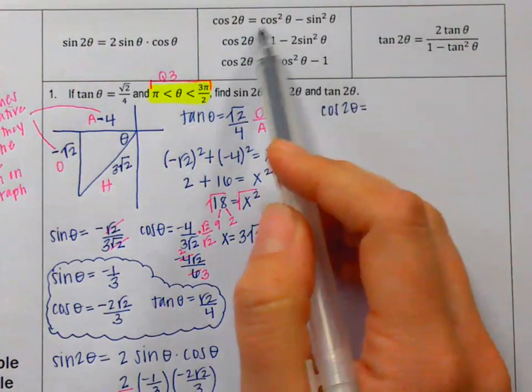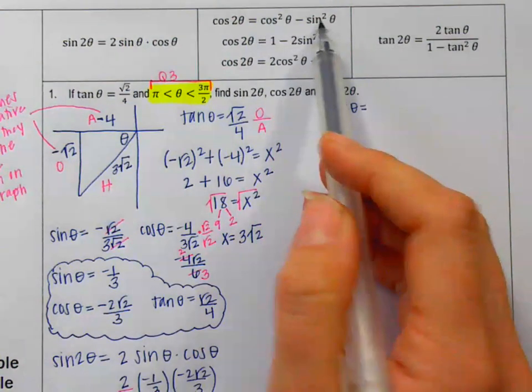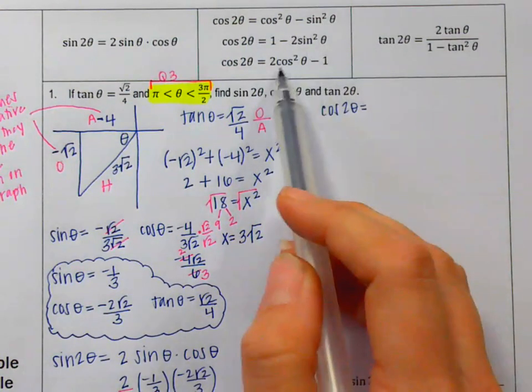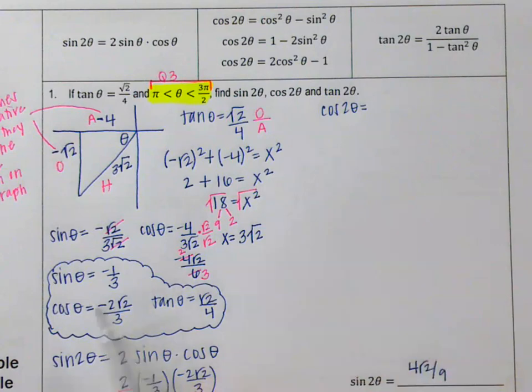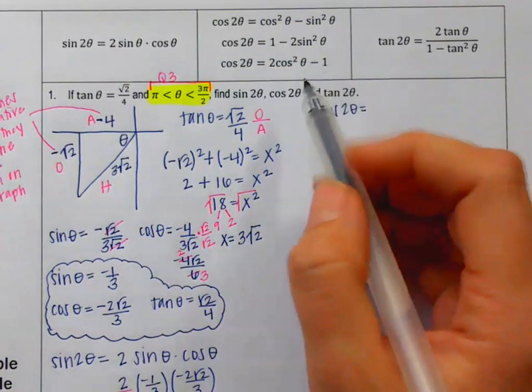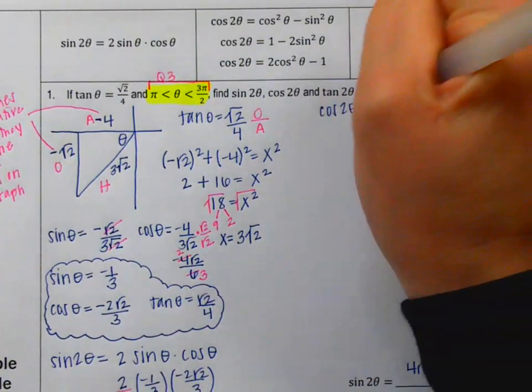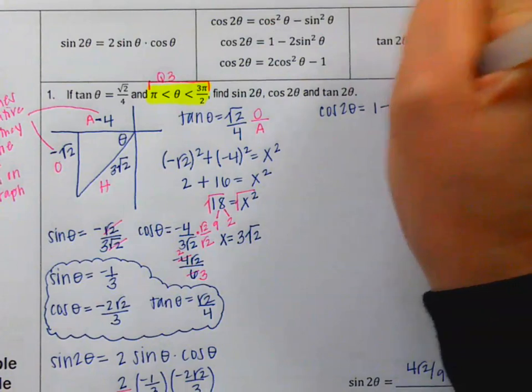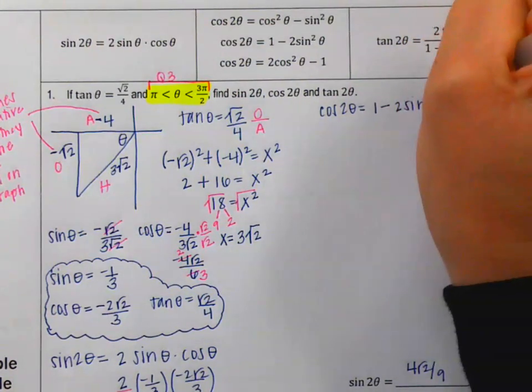Looking up here, this one only uses sine, and this one only uses cosine. Sine is really basic, cosine not as basic. So why don't I just use the one that just has sine? I'm going to do 1 minus 2 sine squared theta.